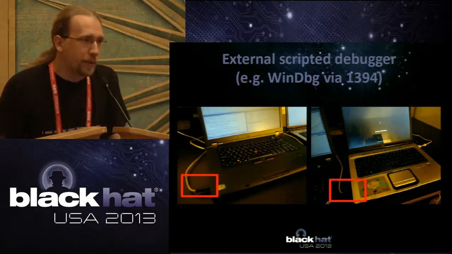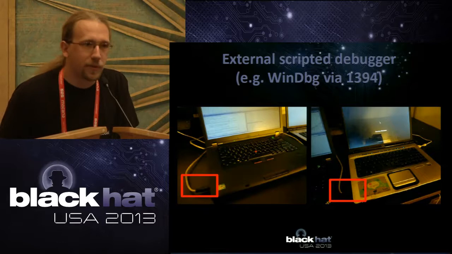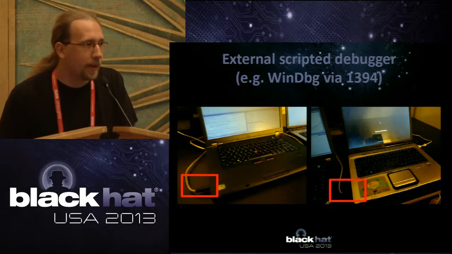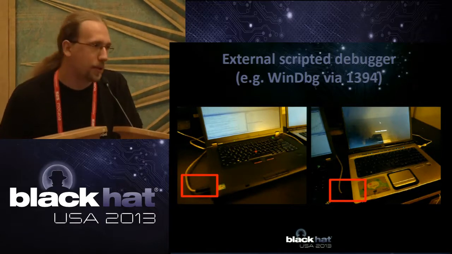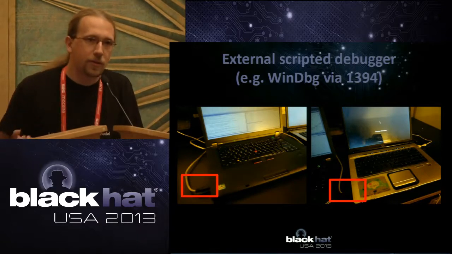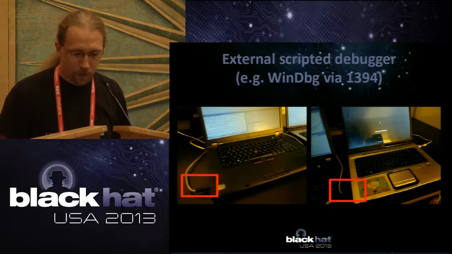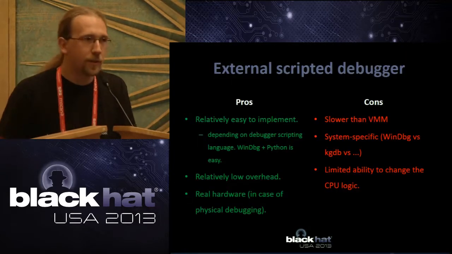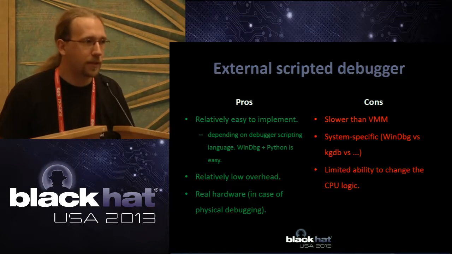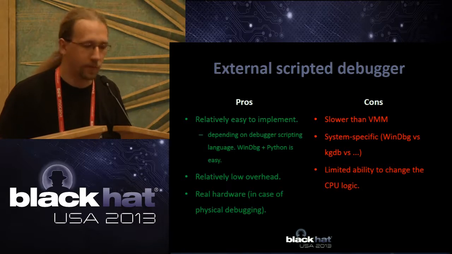Another approach would be, as you can see in these pictures, two laptops connected with a FireWire cable, running Windows and a debugger. So basically, you use an external debugger to instrument the running operating system. This is a pretty sweet approach, I think. It's relatively easy to implement, especially if the given external debugger supports a scripting language, like Python for WinDbg.